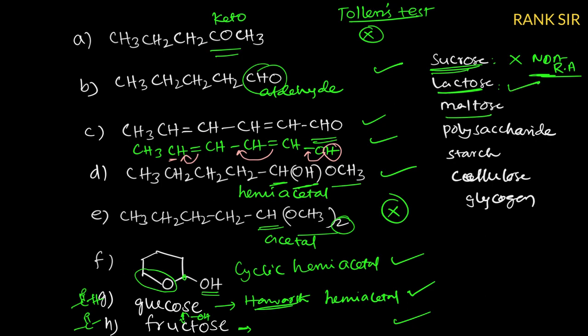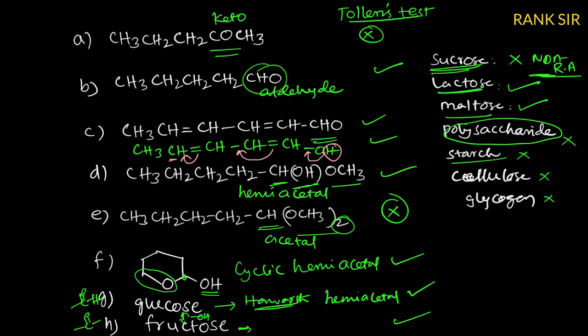In maltose also we have the hemiacetal structure, and it gives a positive test. All polysaccharides do not react with the Tollens reagent; they give a negative test. Starch is a polysaccharide with a continuous polymer structure, and hemiacetal structure is not present, because they are in the acetal form. Therefore these will not give any positive Tollens test.